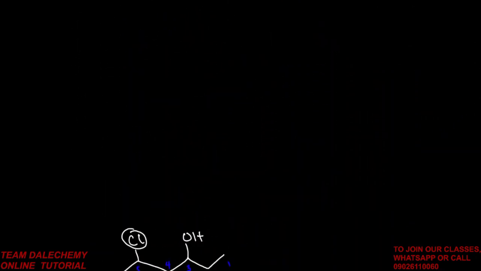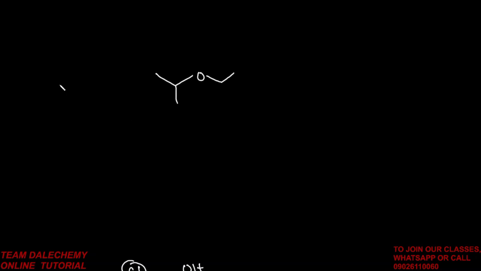Let's look at one more example. How do you name this compound? Over here we have 1, 2, and when you check the length of this carbon chain that joins with the next oxygen here, we have 3 carbons, 1, 2, 3. So this side is longer than this side.